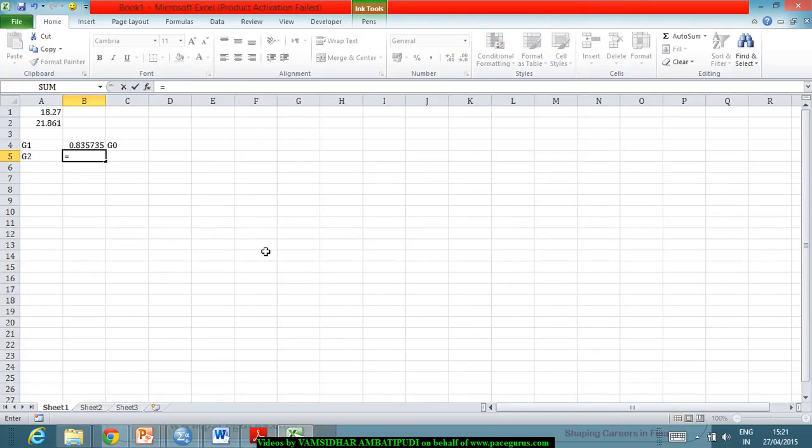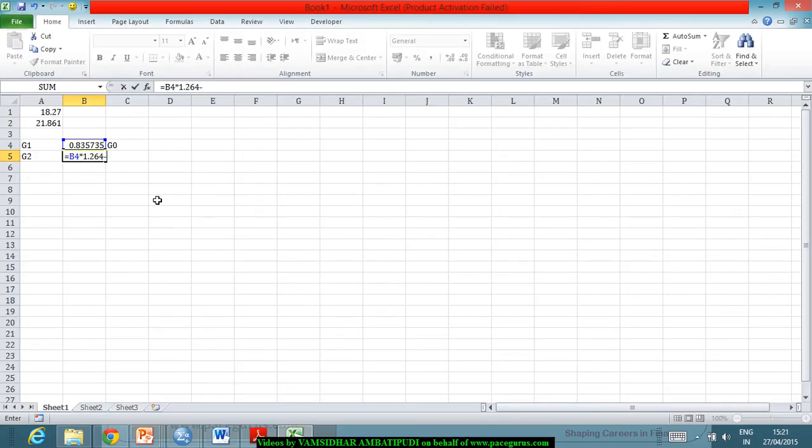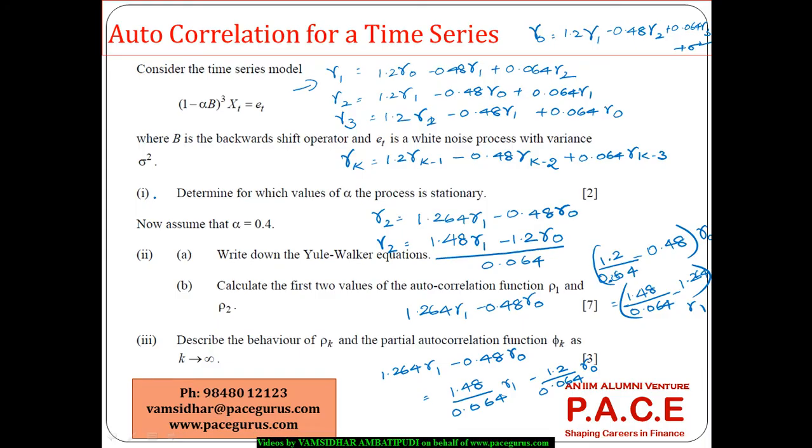So this is going to give me this times 1.264 gamma 0 minus 0.48 times gamma 0. So it is coming out to almost 0.57 times gamma 0. Right, gamma 2 is coming out to 0.57 times gamma 0.